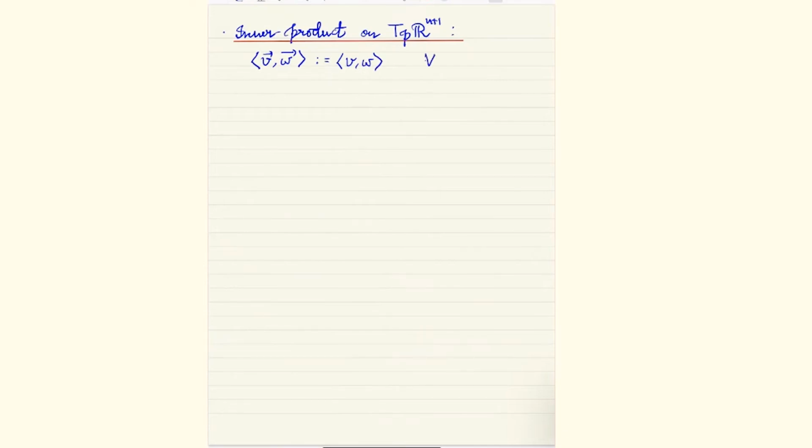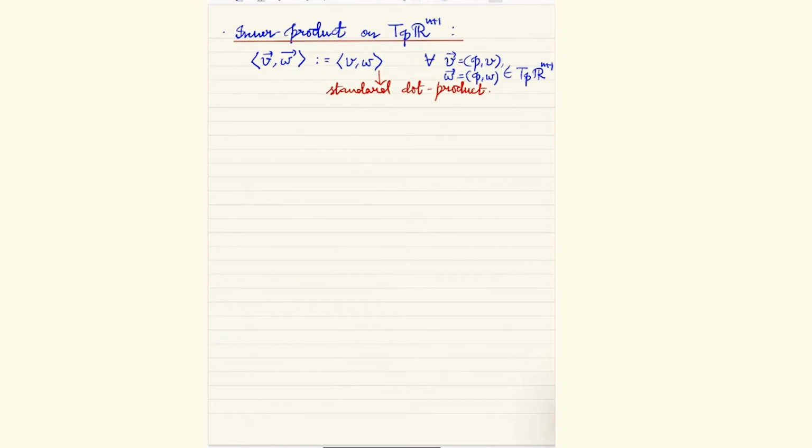So for all v equal to (p, v) and w equal to (p, w) in TP Rn plus 1, on the right hand side you have the standard dot product on Rn plus 1.